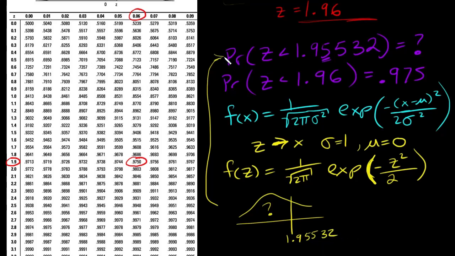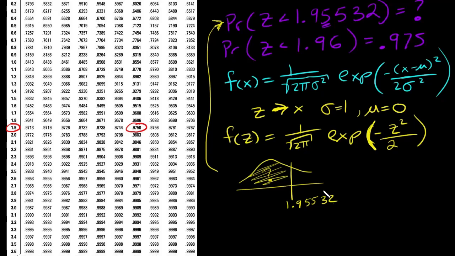That's basically what this probability statement is asking. What is the area behind 1.95532? Well, how would I do that using what I know about calculus? I would integrate from negative infinity to 1.95532 my function f of z.